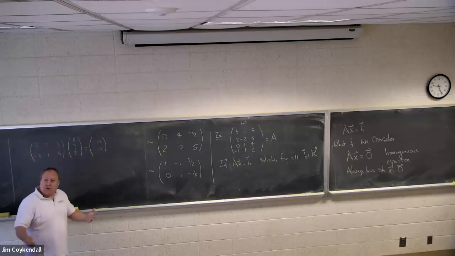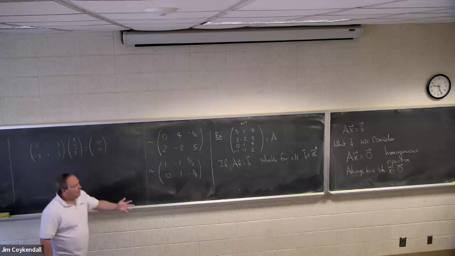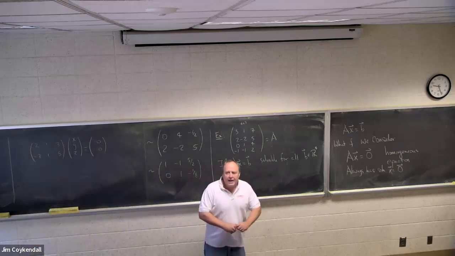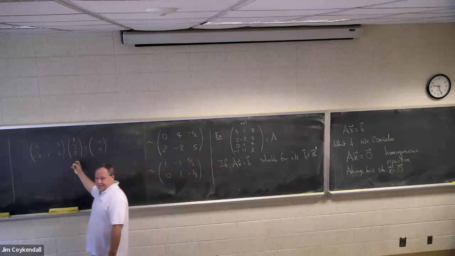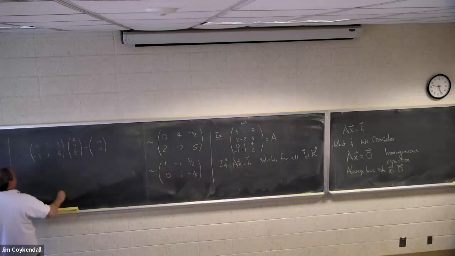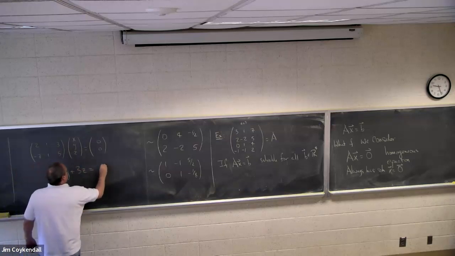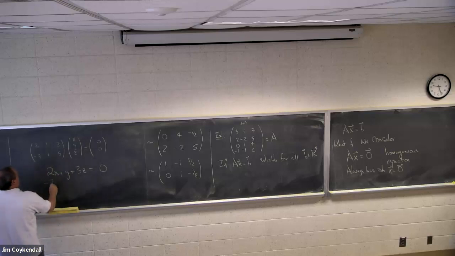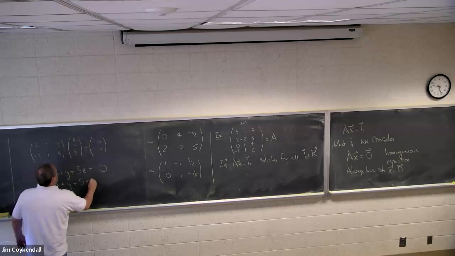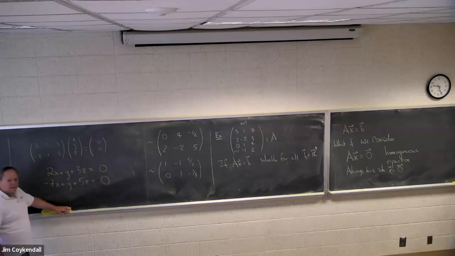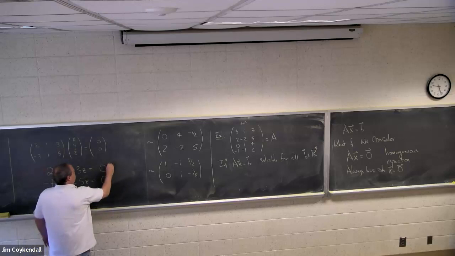Just like you have homogeneous equations written in matrix form, I can write this as a homogeneous system. In this case, it would be 2x plus y plus 3z is equal to 0, and minus 7x plus y plus 5z is equal to 0. This is a homogeneous system.